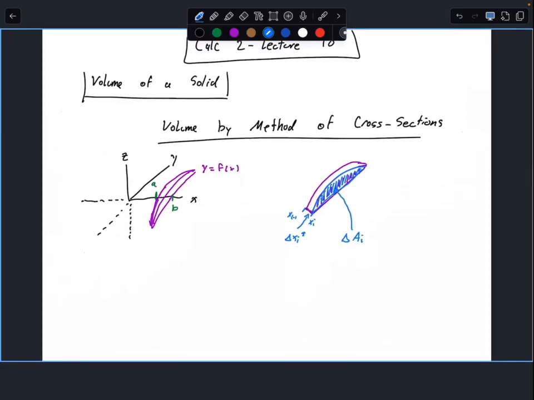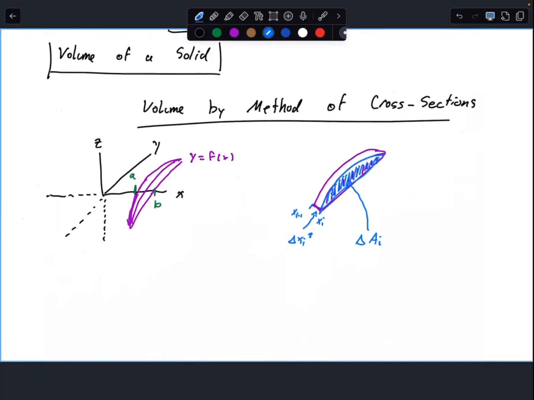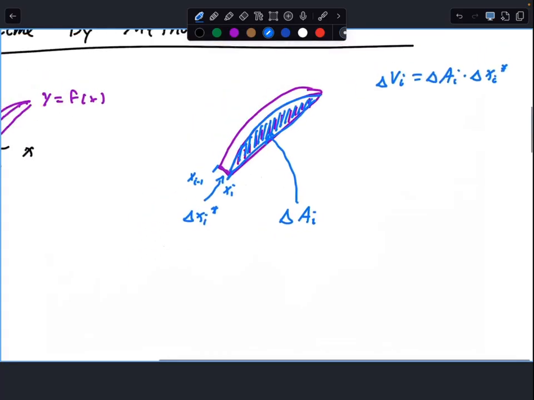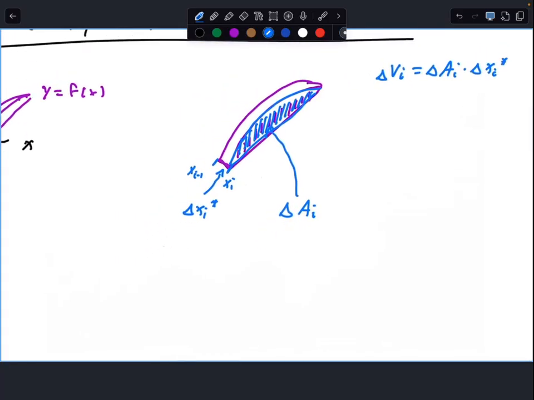So if I want to find the volume of this piece, delta V sub i would equal delta A sub i times delta x sub i star, the area of that little piece. When we did area, it was the height of that rectangle, f of x sub i star, times the width. I can get rid of the star portion, not really important.